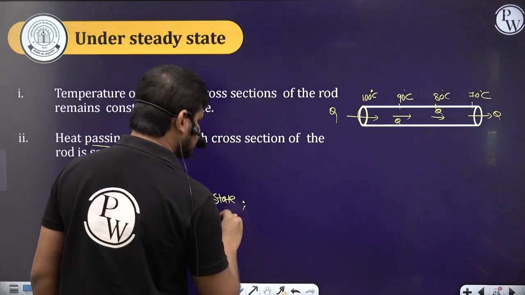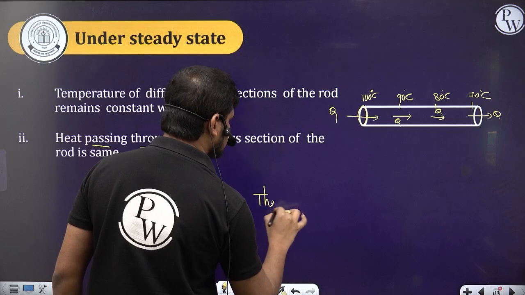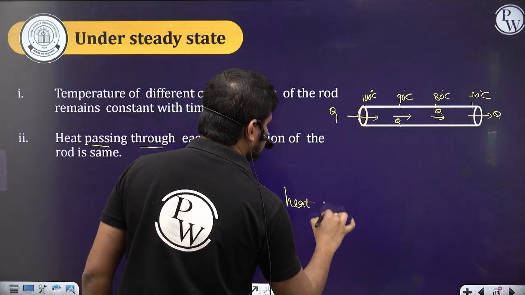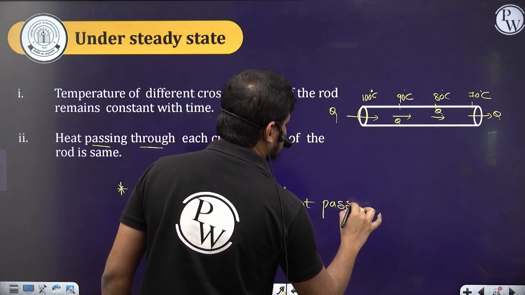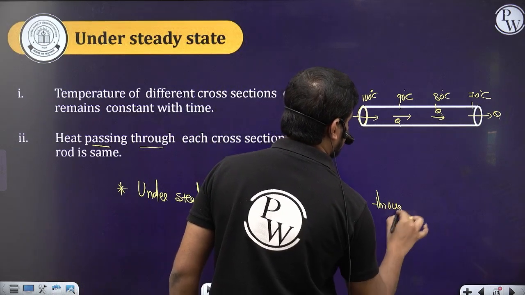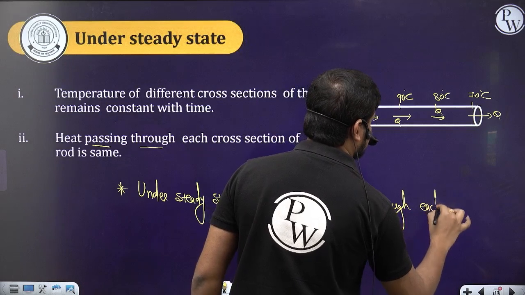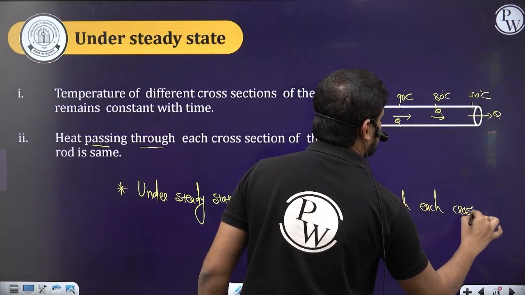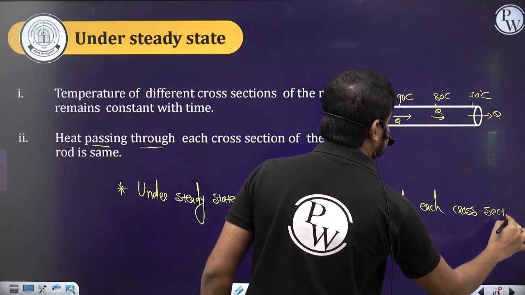Very important. Under steady state, the heat passing through each cross section is same.